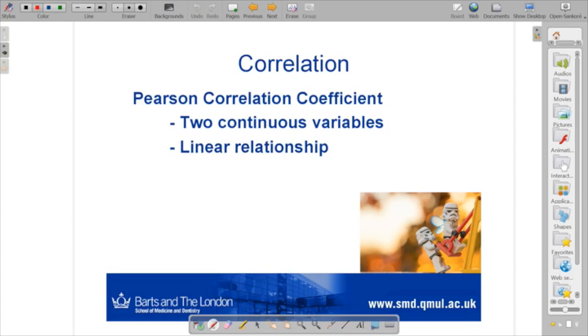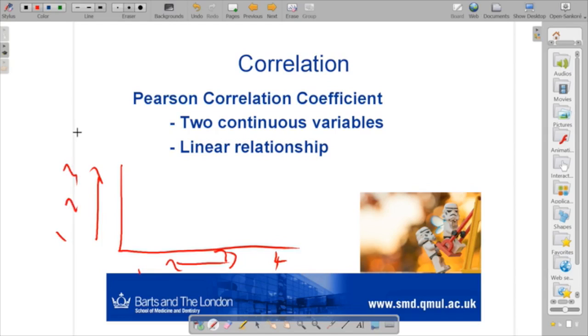So when we're looking at correlation, if I've got an ordered variable on here, something goes up in some order, 1, 2, 3, 4, and I've got something that also changes with some ordering, 1, 2, 3, 4, all I mean by correlation is: does it go up as the other variable goes up?